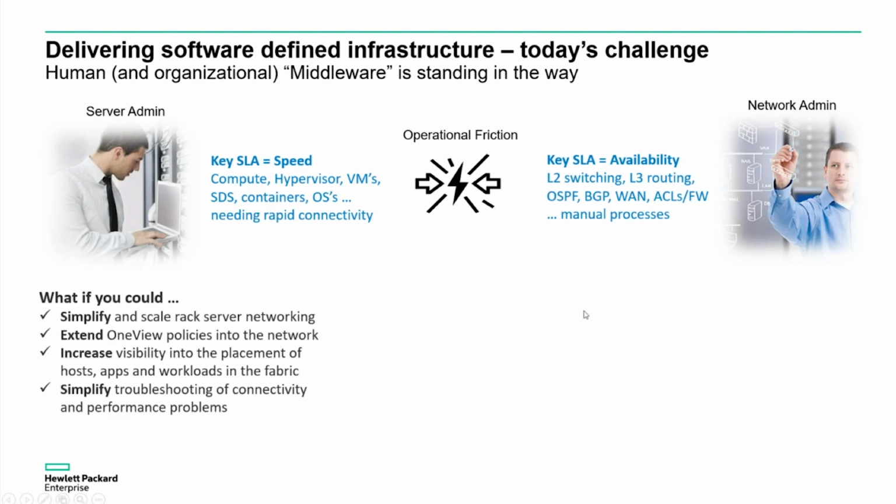So the key thing here is we're bringing together the infrastructure and the networking world for discrete servers for the first time. And all of this capability is presented up into one view.